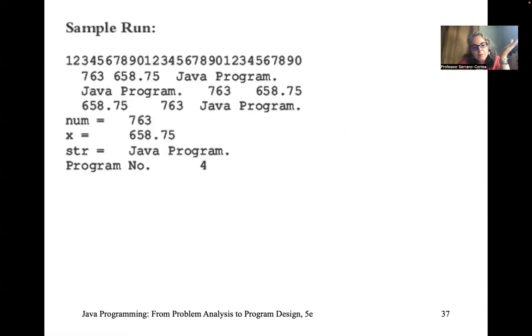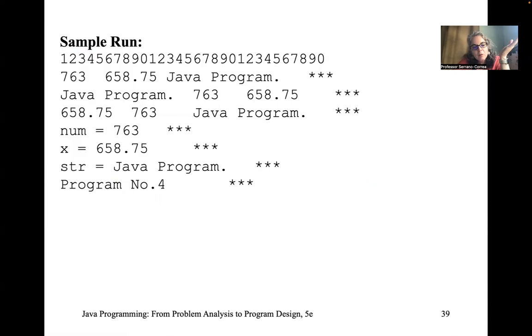So what the minus is doing is it's giving me the 5 spaces, but it's going to left justify. So the minus means left justify, but give me 2 empty spaces on the right. So instead of having 2 empty spaces on the left, you have 2 empty spaces on the right. And the only reason I have 2 empty spaces is because this number is only 3 digits long.